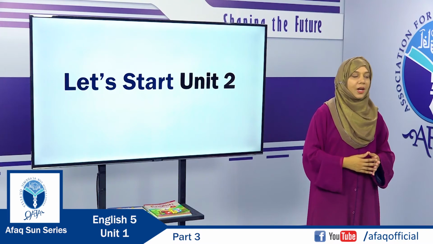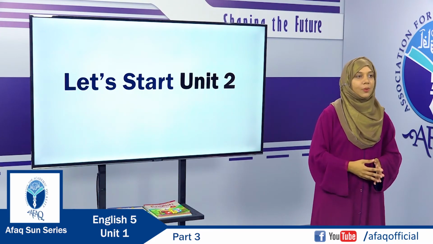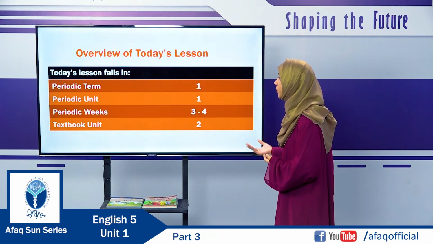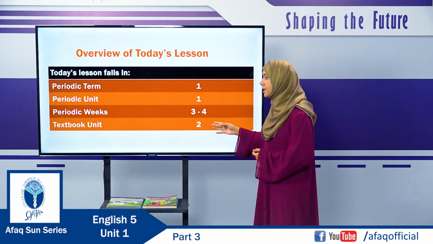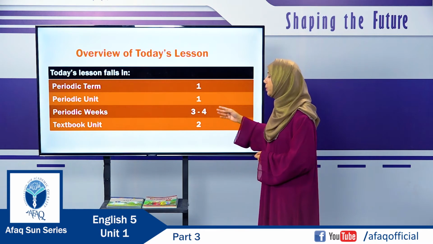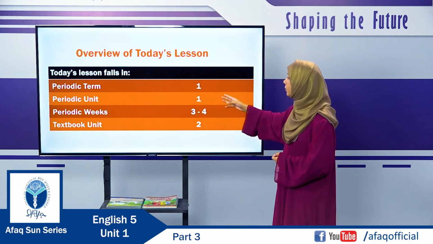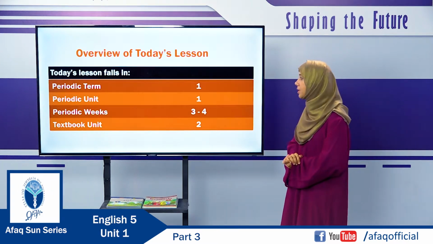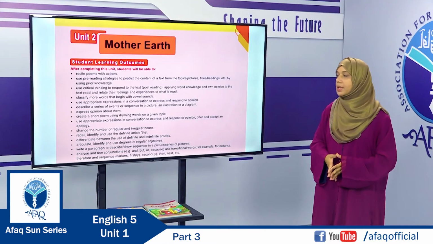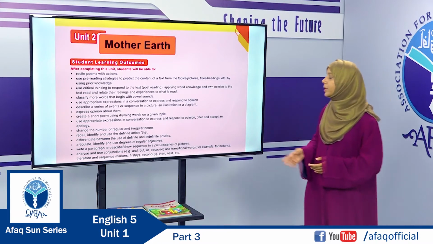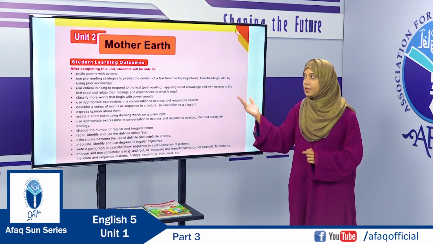So let's start textbook unit number 2. Before starting this unit, I want to give you an overview of this unit. This is textbook unit number 2, which will be covered in the 3rd and 4th week of the first unit of first periodic term. The title of this unit is Mother Earth, and the students will be able to cover these 13 SLOs in this unit.